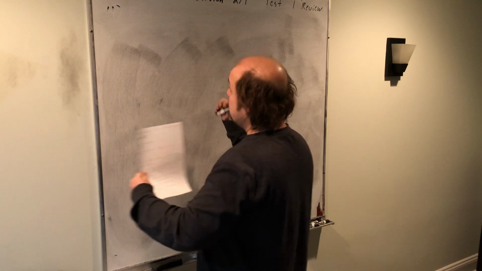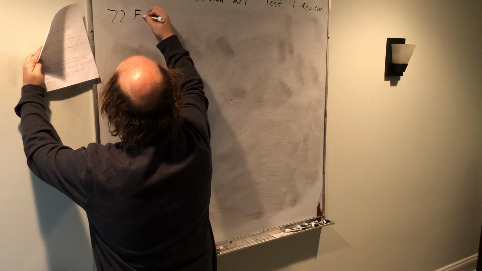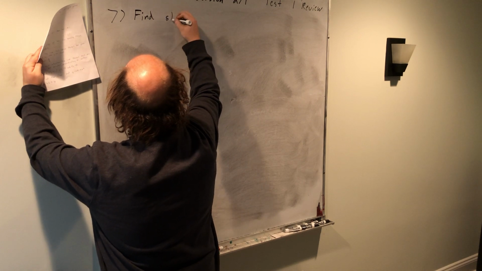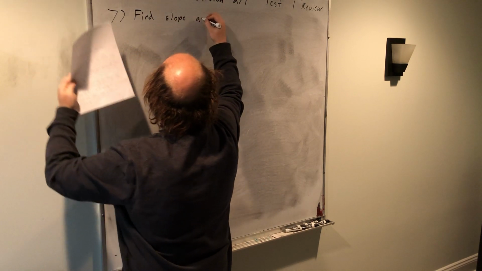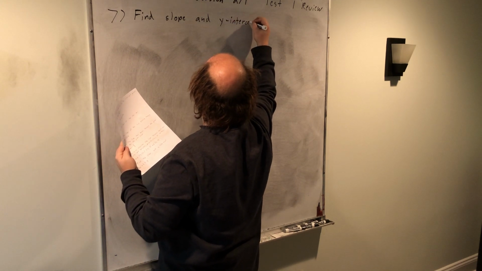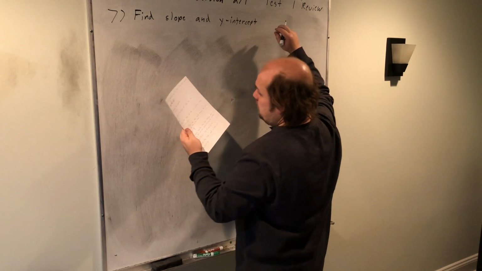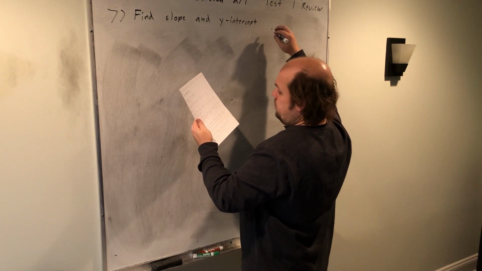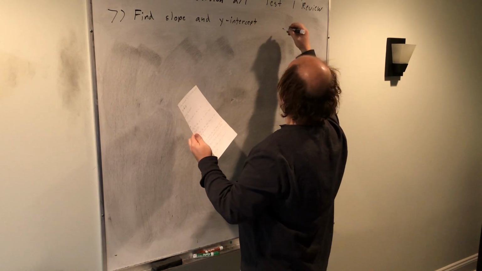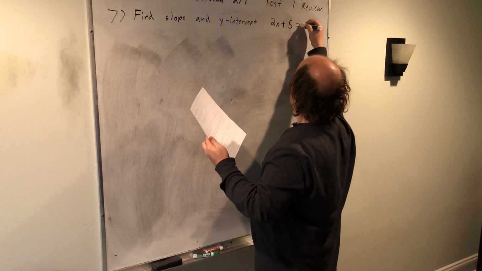Question 7. Find slope and y-intercept. This was 2x plus 5 equals y.